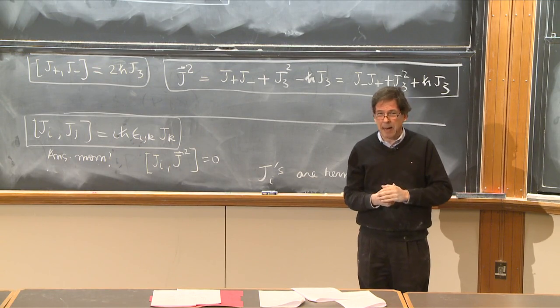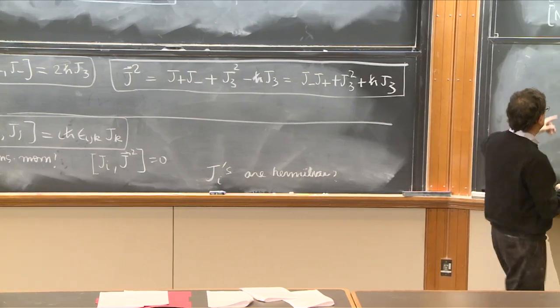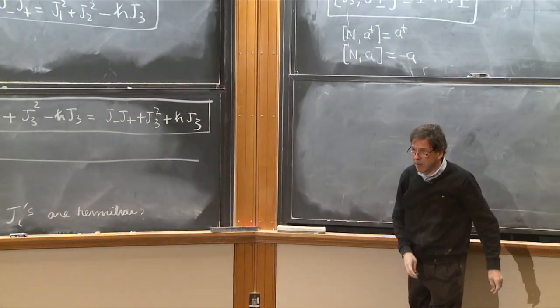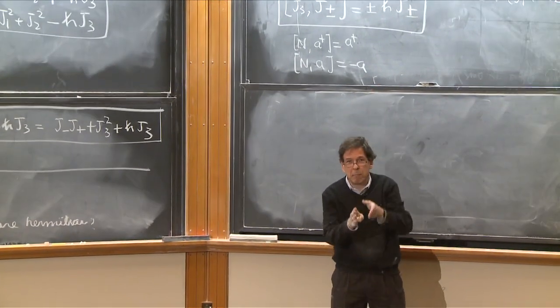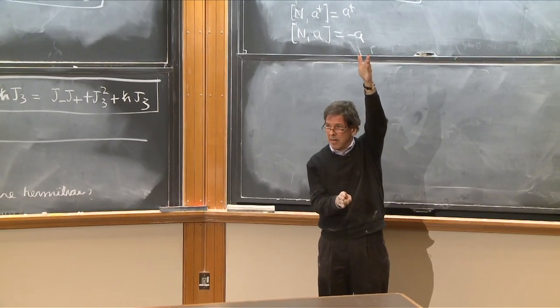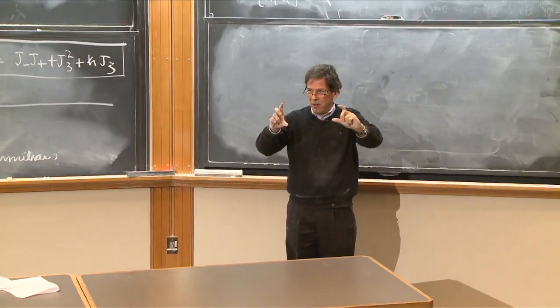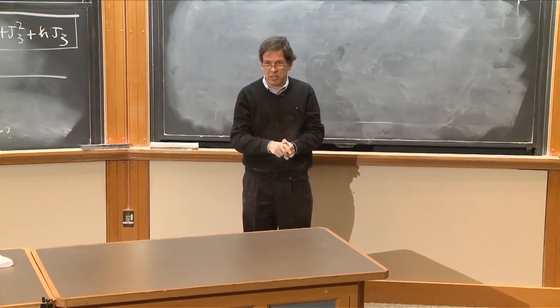Something very nice happens with angular momentum. Something so nice that it didn't actually happen with A and A dagger. With A and A dagger, you build states in the harmonic oscillator, and you build infinitely many ones. The operators X and P, you've learned, you cannot represent by finite dimensional matrices.